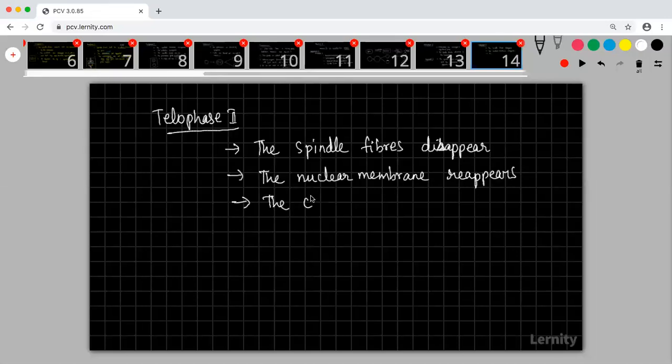The chromosomes uncoil. A single cell will have two nuclei. Okay. So with that, telophase is done.